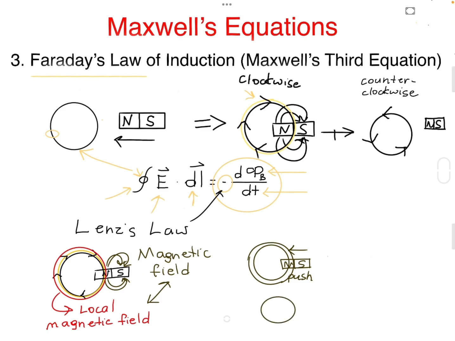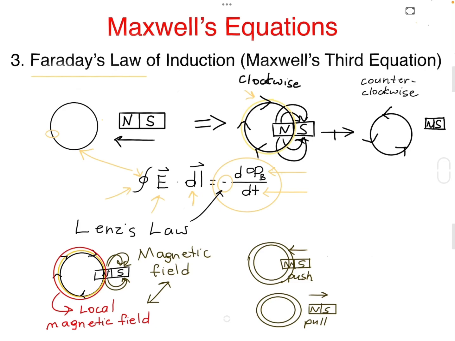When you try to pull the magnet bar away from this loop, you feel a little bit of pull force, and that's also generated by this local magnetic field. So they're always opposite to each other, and that's what Lenz's law is talking about.